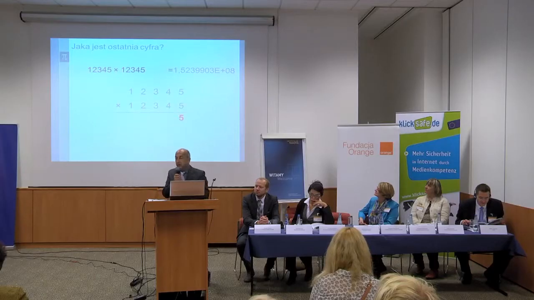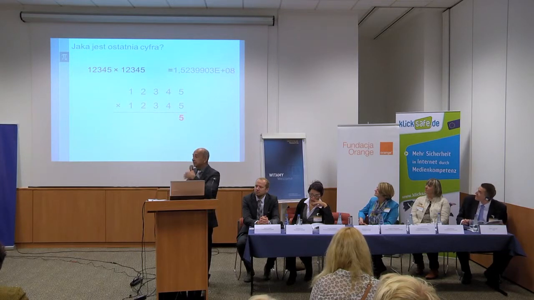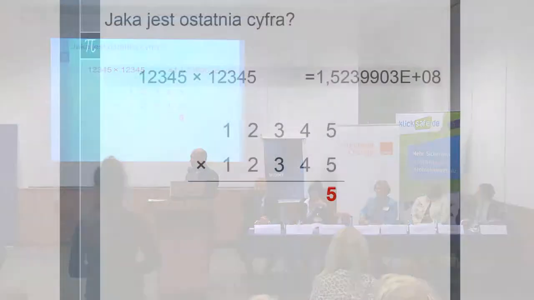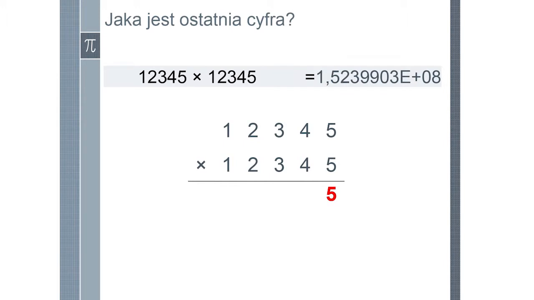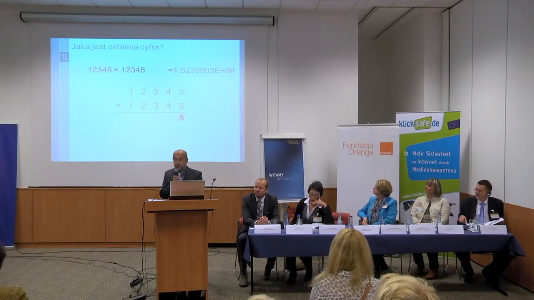Depending on what we did before, how we conducted our class, they will quickly realize that this last digit can be found by written multiplication. We are returning to the algorithm but trying to understand it. And that's great.